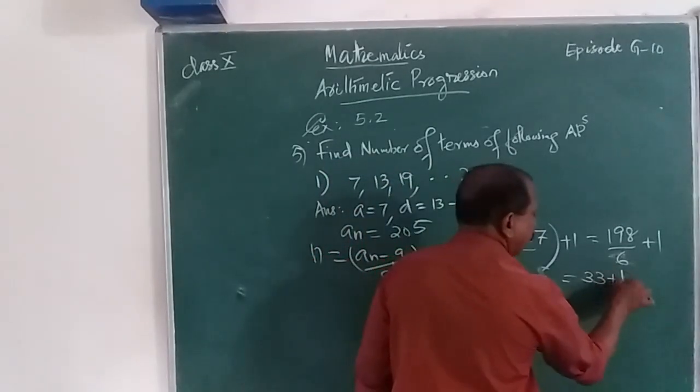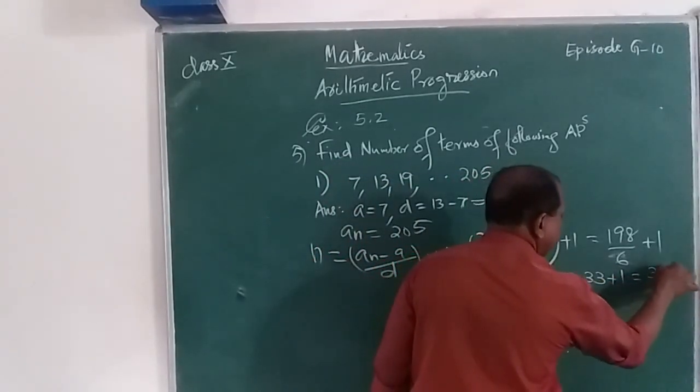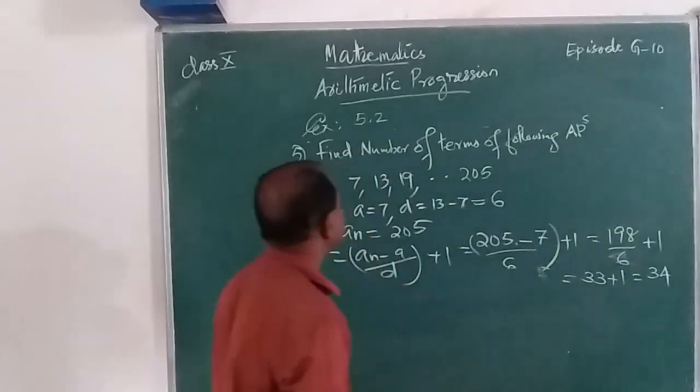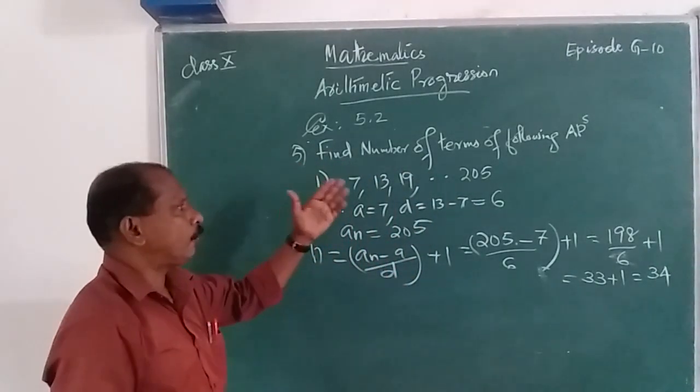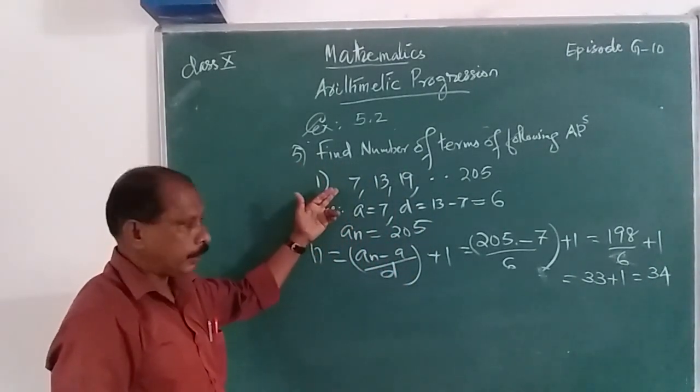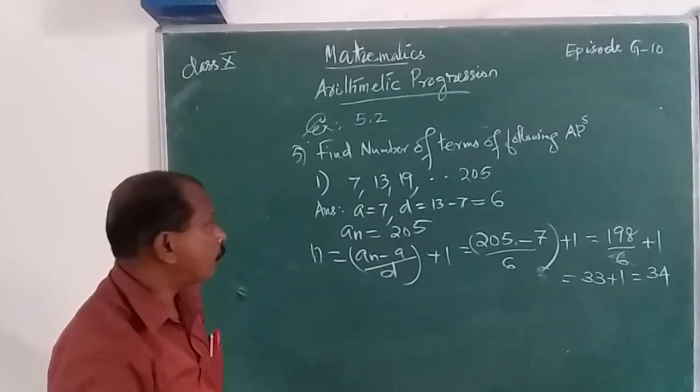Plus 1, that will be 34. Therefore, the number of terms of this first progression is 34. There are 34 numbers.